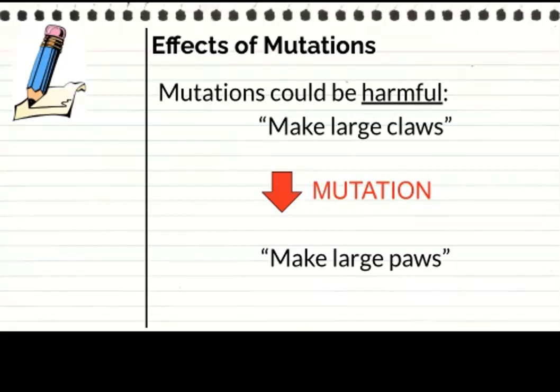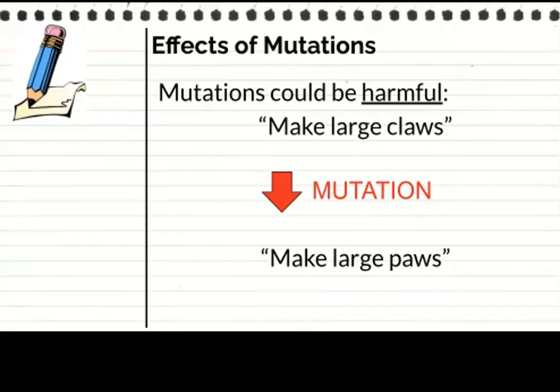Possibly. Also, if you rely on those claws to catch your food, you're going to go hungry. If it's just going to be little puff balls trying to catch your food instead of those claws that can really hold on to it, definitely could be harmful if we have this kind of mutation.